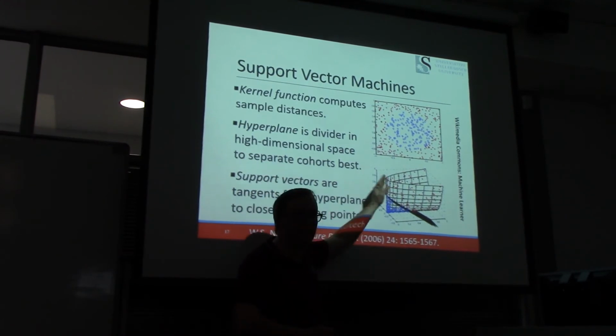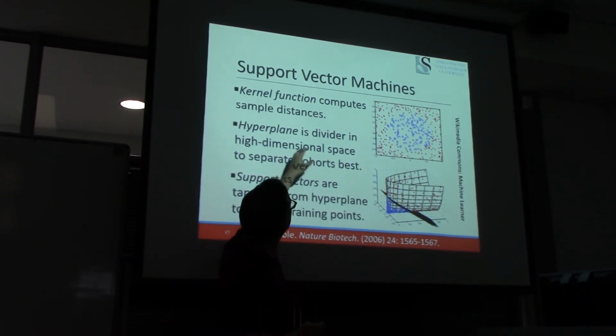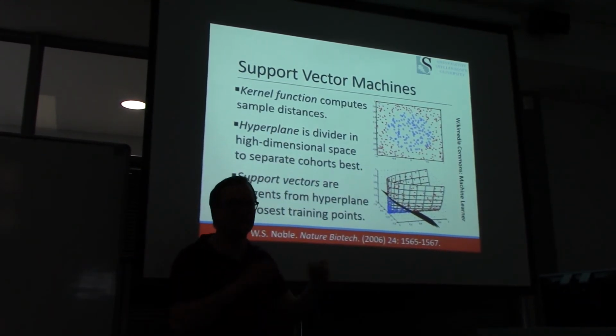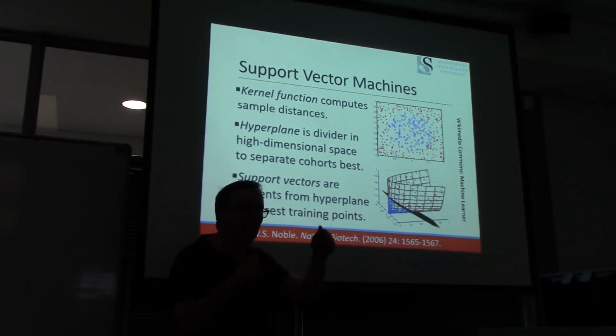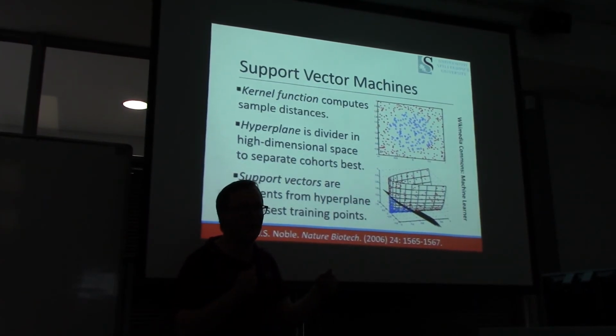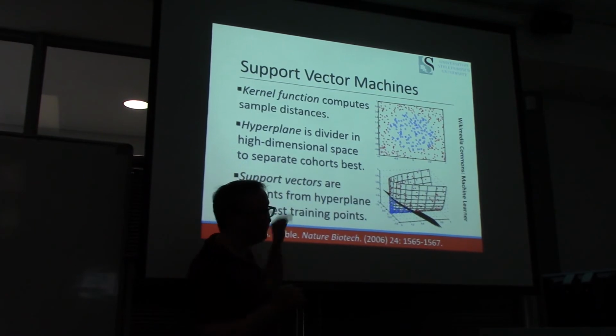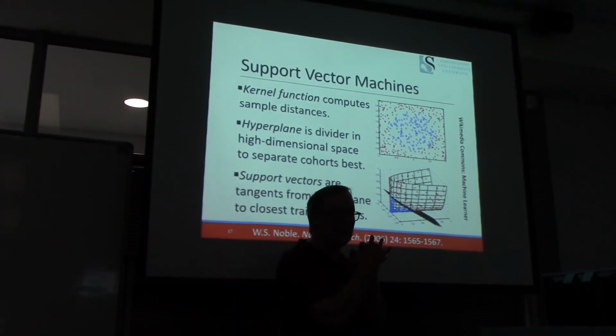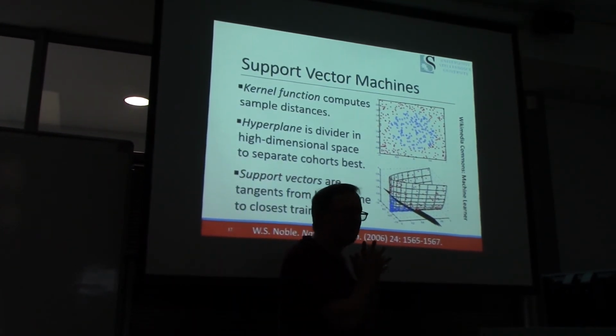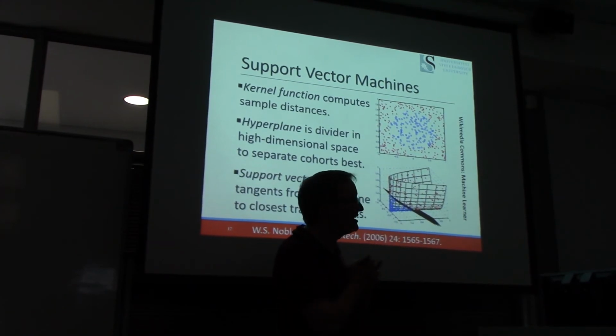So, in support vector machines, we create something called a kernel function that gives us a way to look at which points are most similar. And sometimes we can allow these kernel functions to consider ways other than looking in a plane for these data.